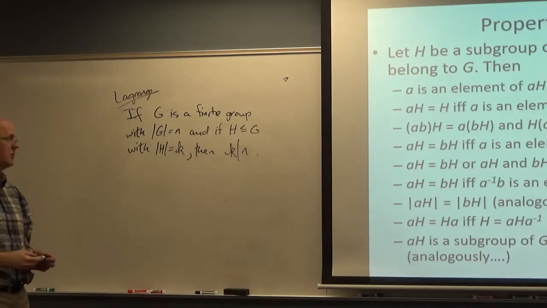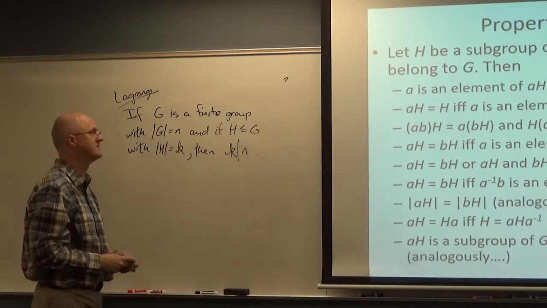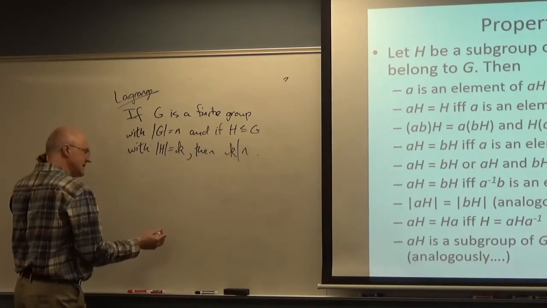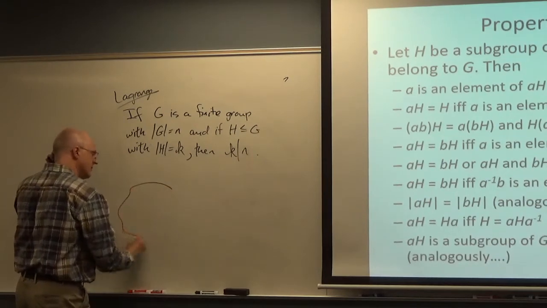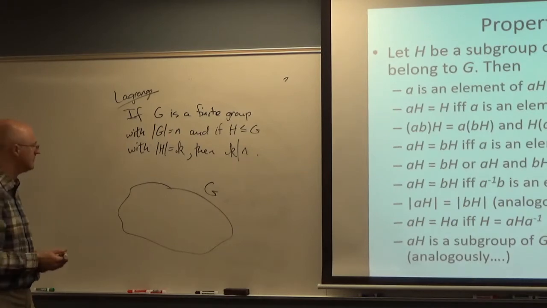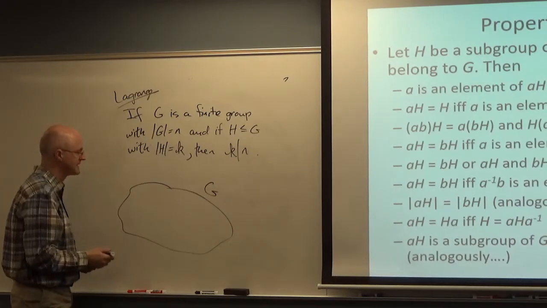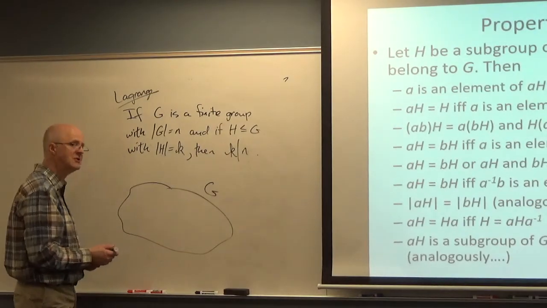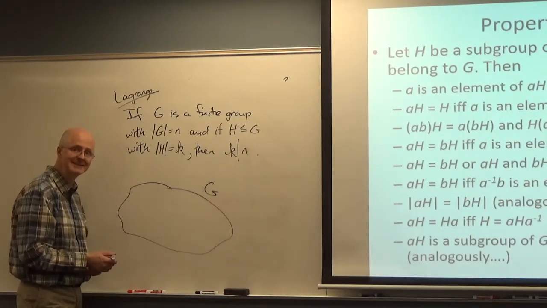The idea of the proof, the proof itself, is based on properties of cosets. As you should have read about, and as you can see in that extra video I pointed you to. Imagine this is G. The cosets partition G into a finite number of pieces of the same size.